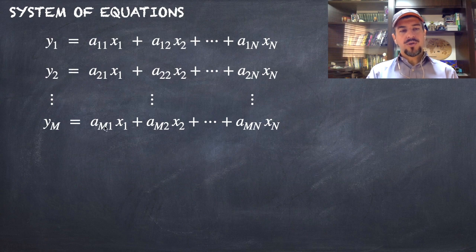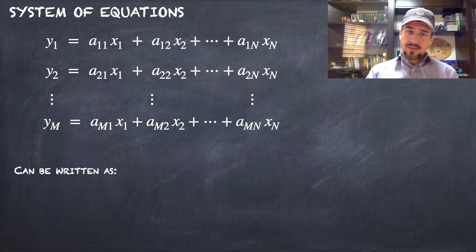So this is going to be am1, am2, amn. You have m equations of y as a function of n variables x.